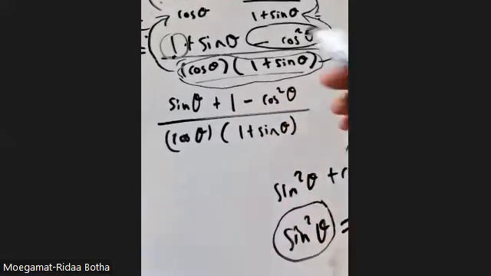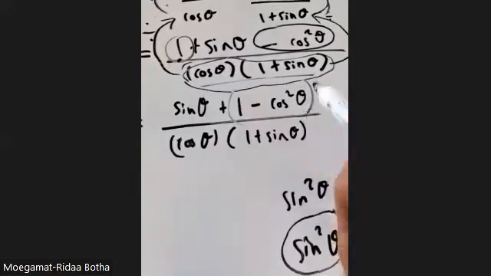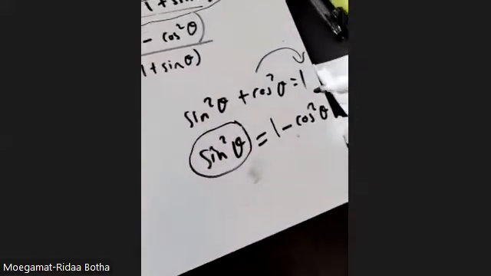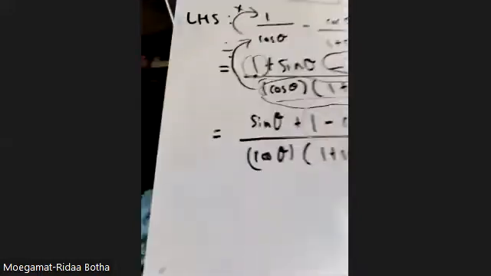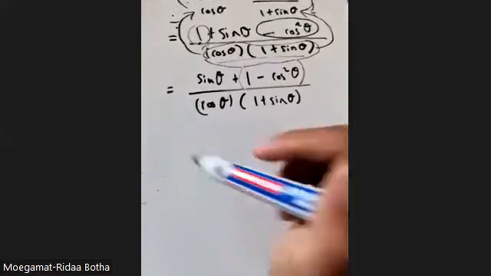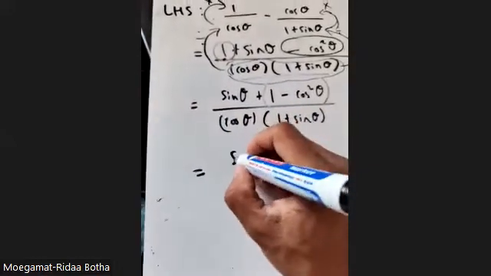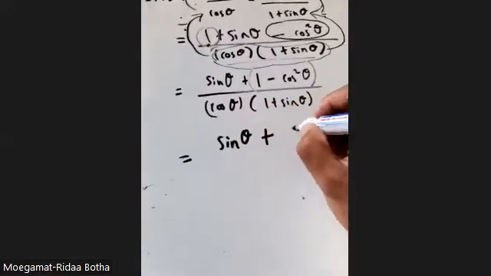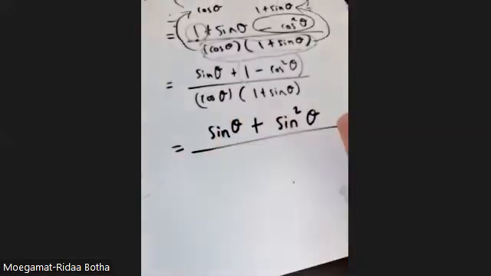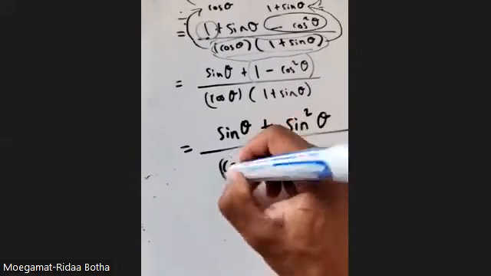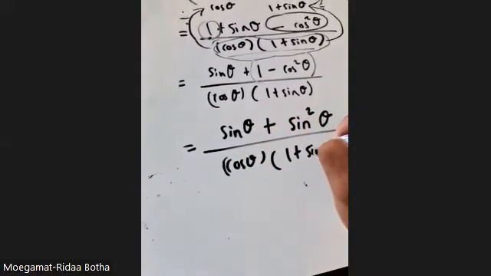You see. So this 1 minus cos squared theta, we can replace it by sine squared theta. You see that? So just make a note of that. And so remember this is sine squared theta, okay? Over cos theta into 1 plus sine theta.